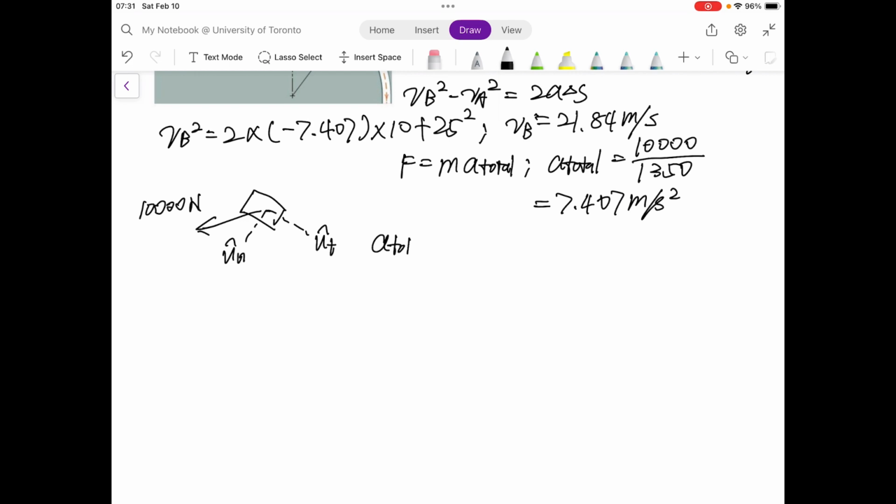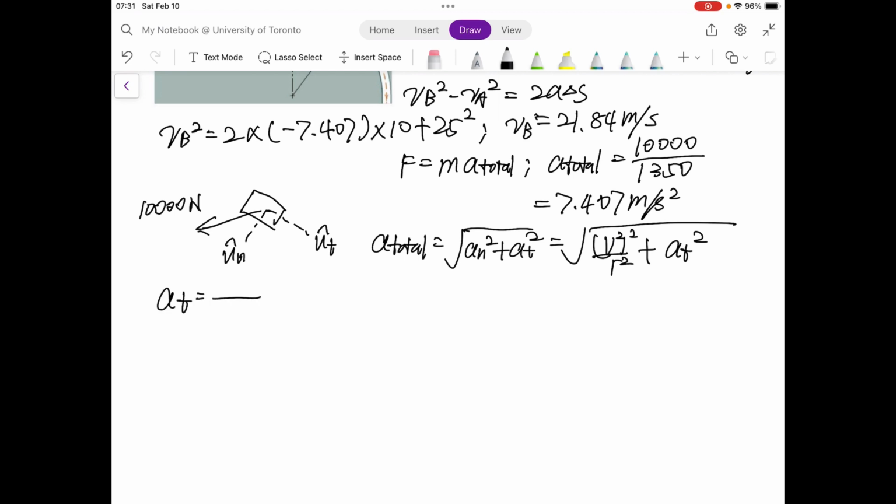So a total equal to an square plus a tangential square is equal to v square over rho square plus at square. So at, by definition, at is equal to dv divided by dt. We can expand it by the chain rule, so dv over ds and ds divided by dt.